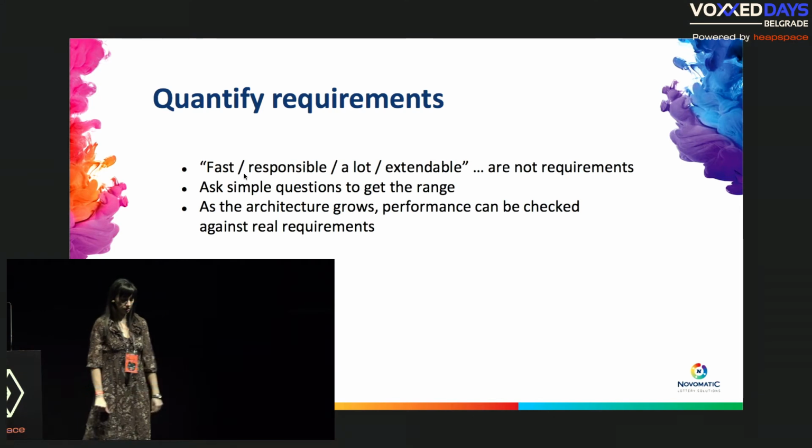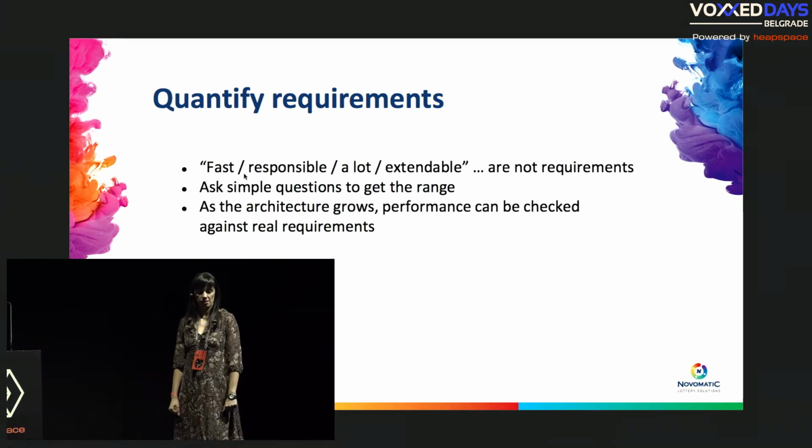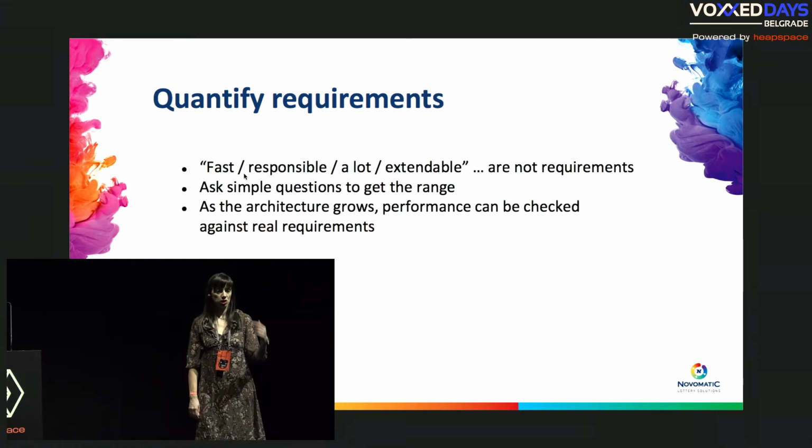As an architect, you will probably have a chance to talk with clients. And as I said, clients usually maybe know what they want, but they don't know how to get to it. And they will not be, on many occasions, able to tell you what they want from the system. Sometimes they will just tell you, we want it to be usable.